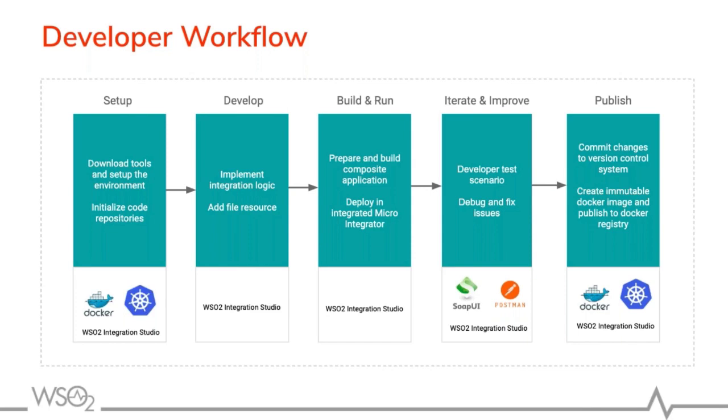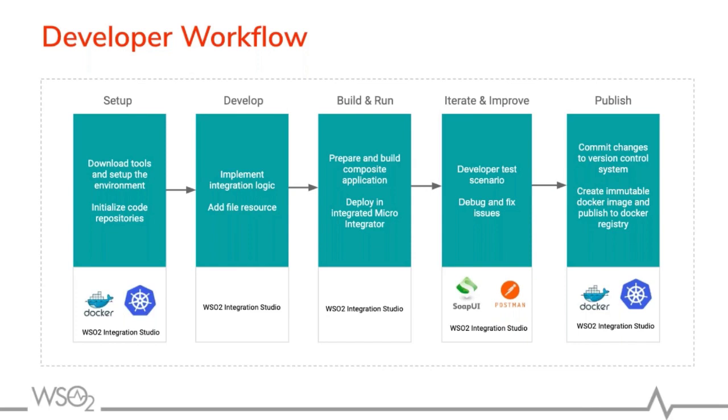The only thing you would need to develop an integration solution is our tooling called WSO2 Integration Studio. In there you can use the graphical or the textual view to develop different integration solutions.